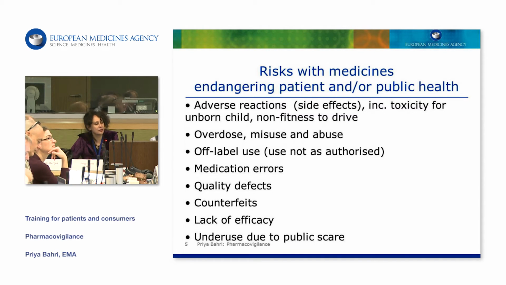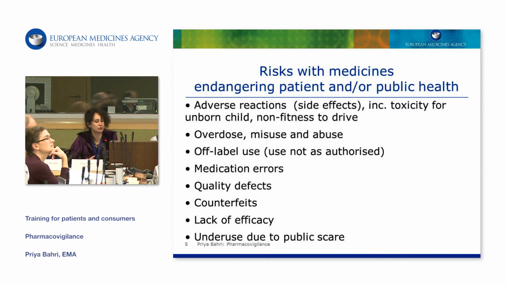Then there is also overdose, misuse, and abuse, as this can lead to toxic effects in patients or also others who somehow are exposed to the medicines. It must not necessarily be a patient; it could be a healthcare professional, for example, who can be exposed to occupational exposure.